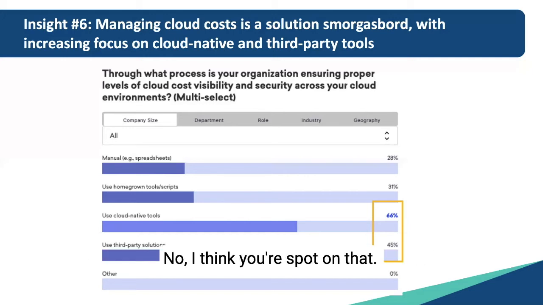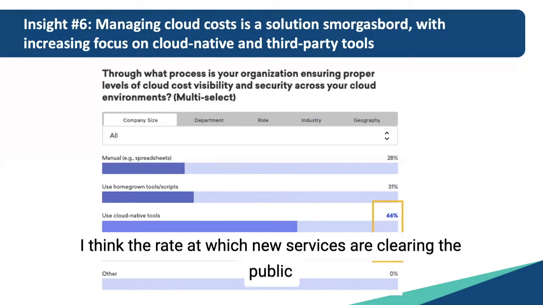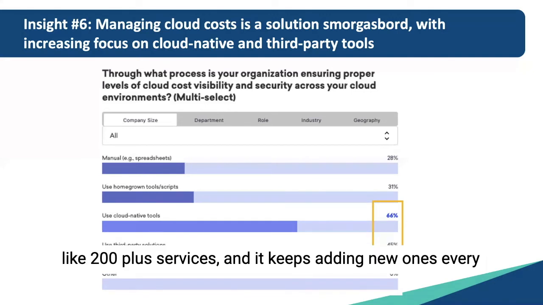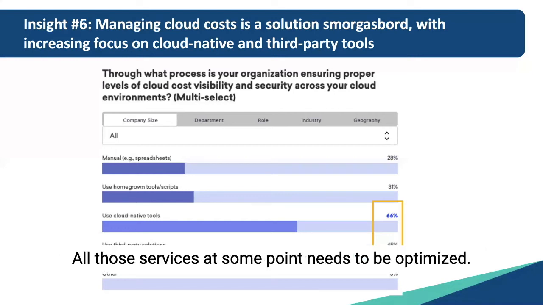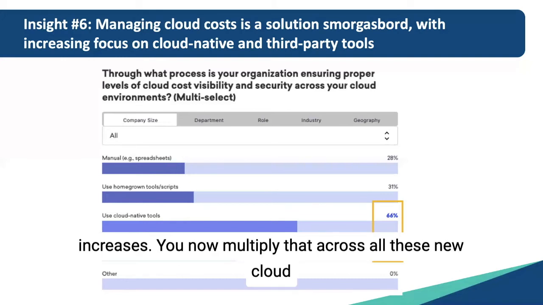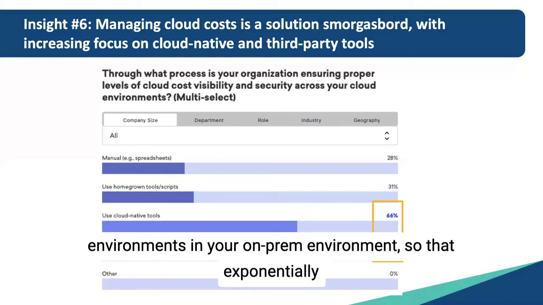Yeah, no, I think you're spot on, Matt. I think of the rate at which new services are appearing in the public cloud environments. AWS has maybe 200 plus services, and it keeps adding new ones every month, every quarter. All those services at some point need to be optimized. So the rate of public cloud service delivery increases, and you multiply that across all these new cloud environments and your on-prem environments, so that exponentially increases.